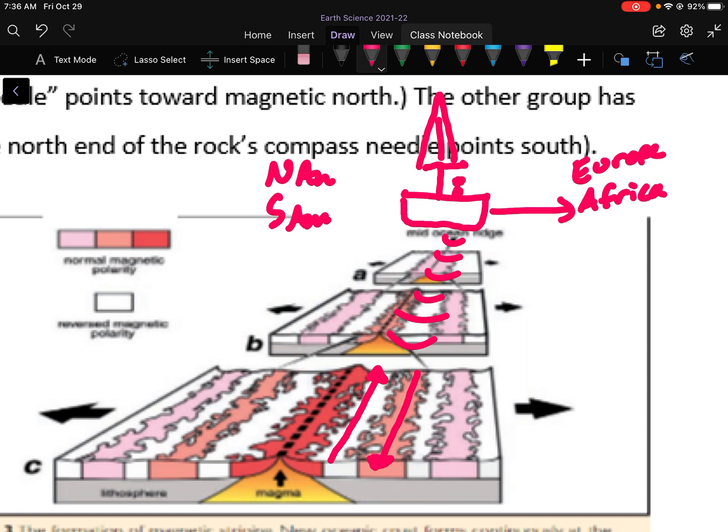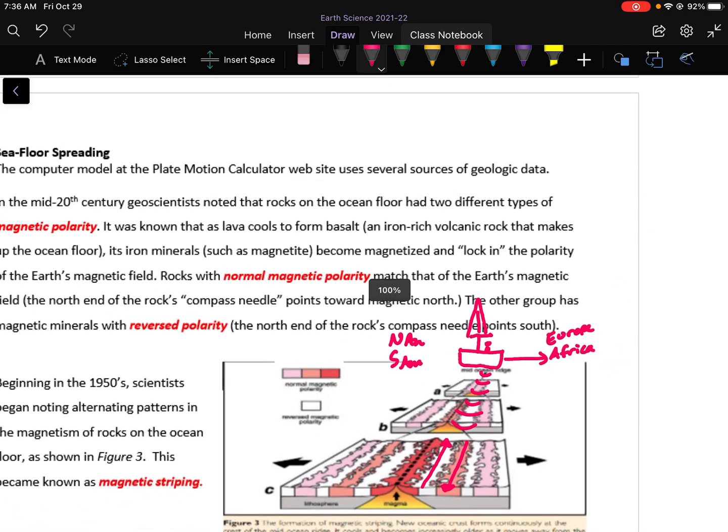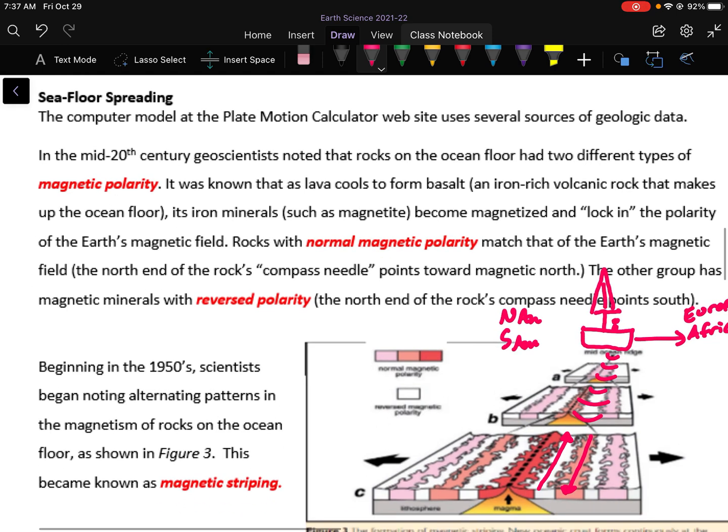Now, what are we talking about, the magnetism of the rocks? What we're talking about here is basalt, which again is a dark rock. It is low in silica, and it is high in iron and magnesium. It's a dark rock that has a lot of iron-containing minerals, and those minerals line up with the Earth's magnetic field as they cool.